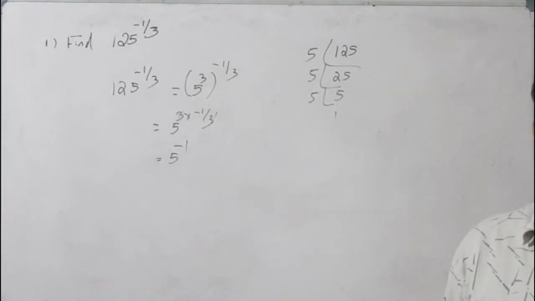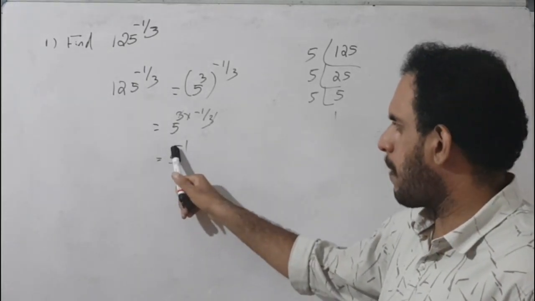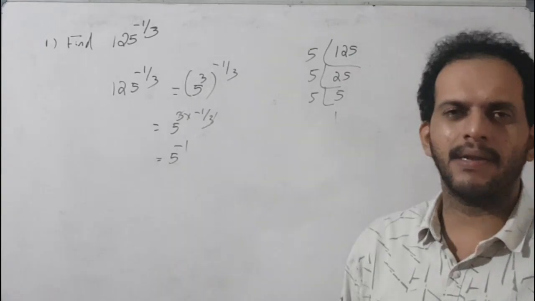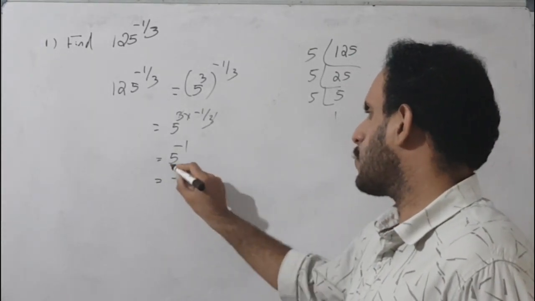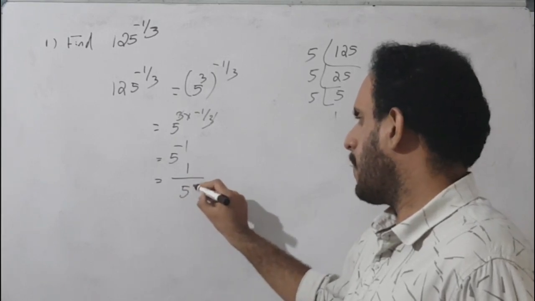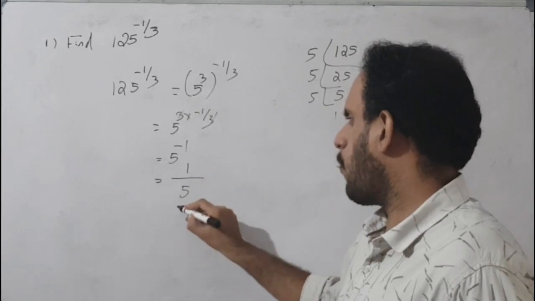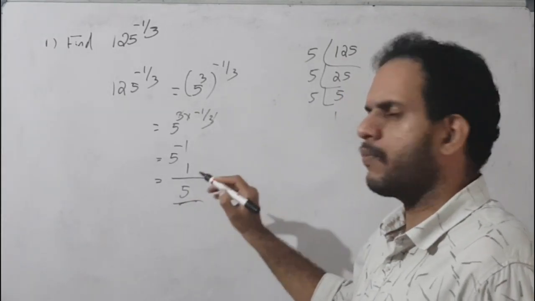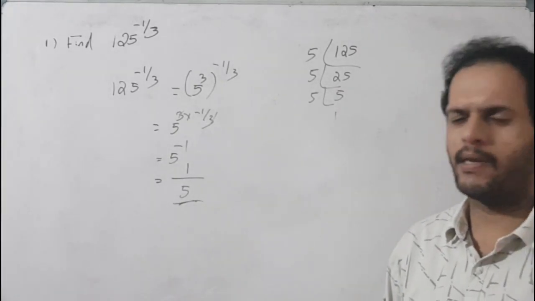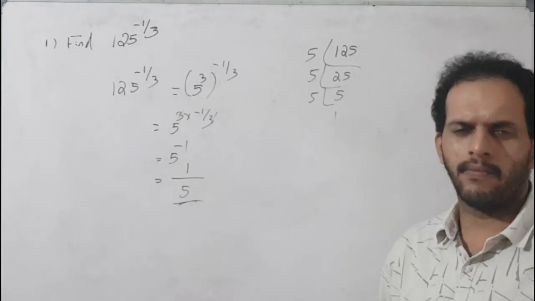What is 5 raised to minus 1? It is in the form of a raised to minus m. A raised to minus m means 1 by a raised to m. Here m is 1, so 1 is not necessary to write. So 5 raised to minus 1 is equal to 1 by 5.